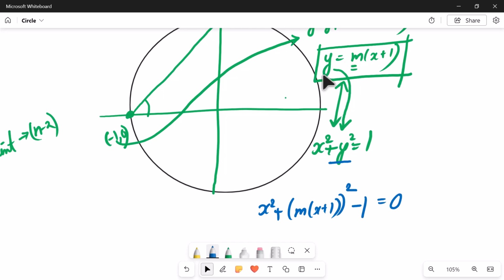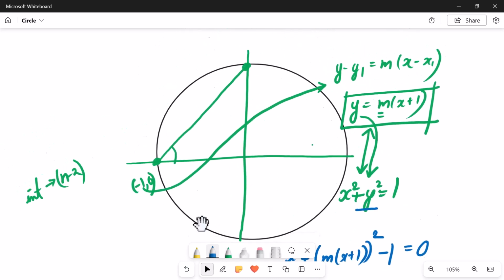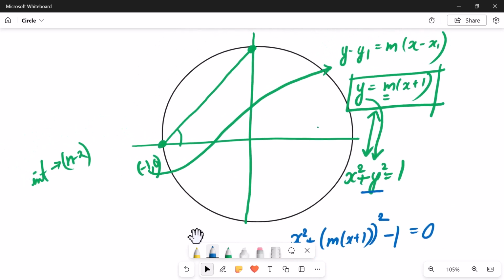Now the other mathematical prerequisite that you need to know is related to the position of a point with respect to a circle. As you must be knowing, any point lying on the periphery of the circle, on the boundary of the circle, if its coordinates are substituted into the equation of the circle, will satisfy the equation, right?